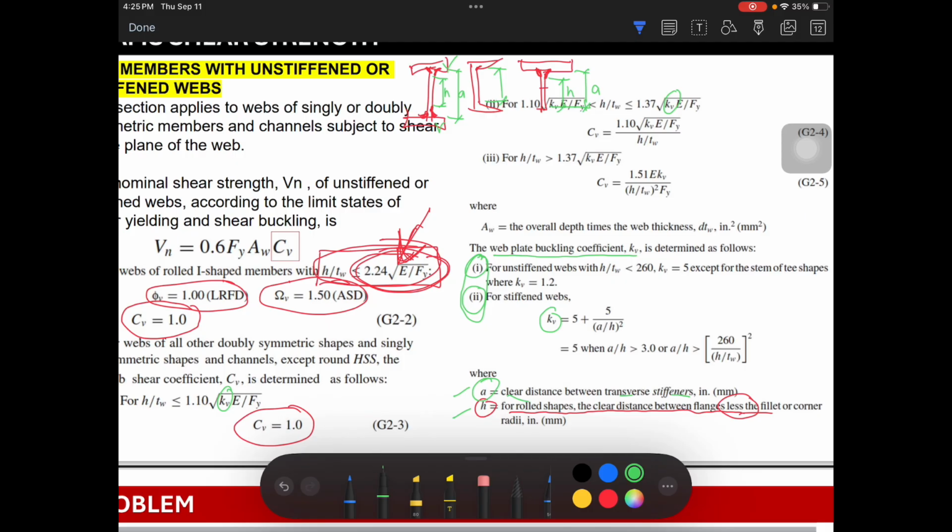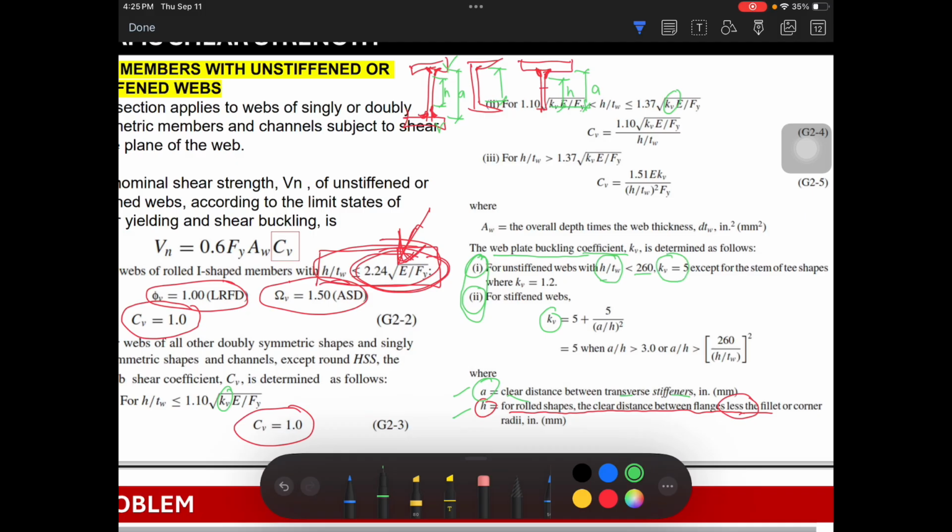So, unstiffened webs, so kailangan mo kunin si H over TW ulit and compare to 260. So, kung ang H over TW mo is less than 260, KV is equal to 5, no? Again, kung H over TW mo less than 260, ang KV mo is equal to 5.